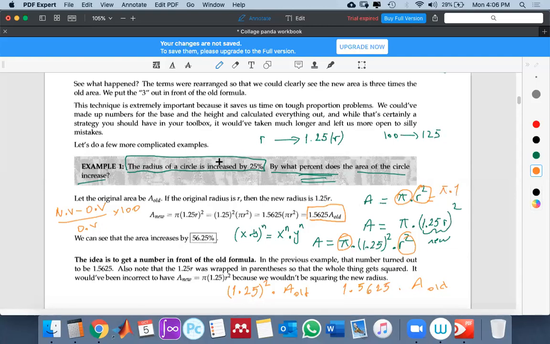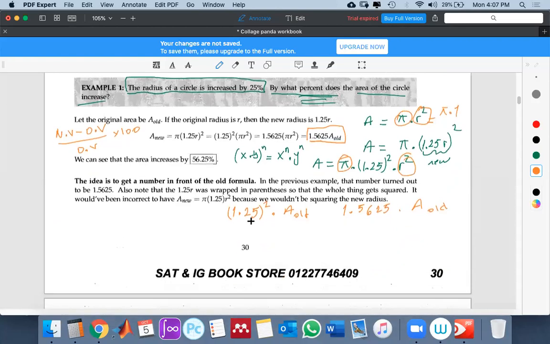So I can calculate that. The new one is 1.5625 area old, minus area old, divided by area old, times 100 gives me the percentage change, right?